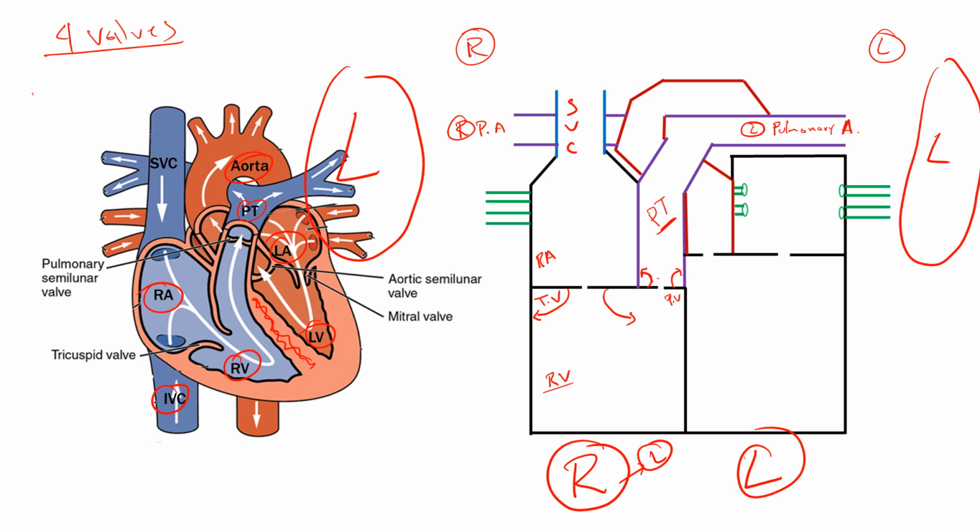So what I'm saying is, because we have superior chambers called atria, we have systole and diastole in the atria, and we have systole and diastole in the ventricles. The two superior chambers contract at the same time and relax at the same time.